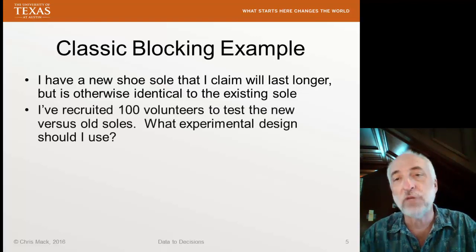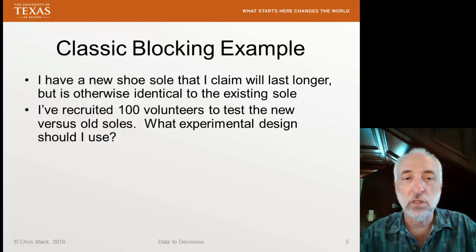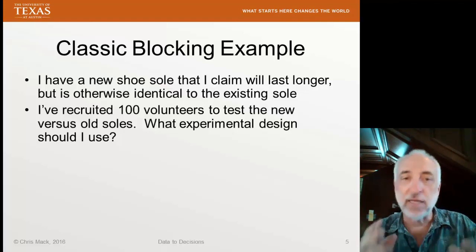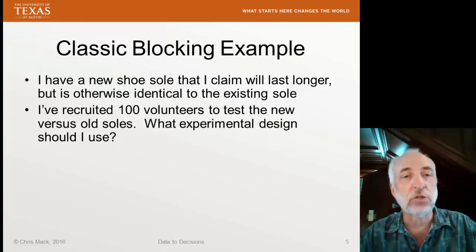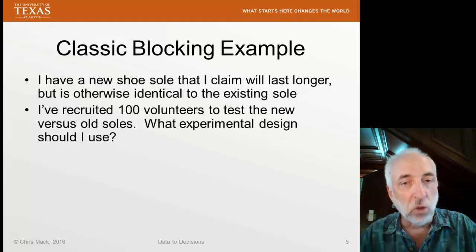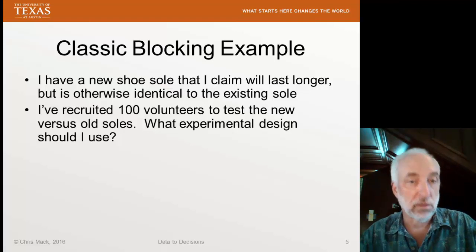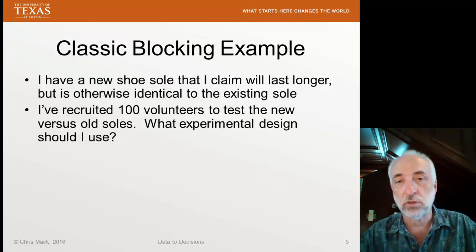So we've gathered 100 volunteers to test new versus old soles. They're going to go out and wear these shoes for 6 months. And at the end of that 6-month period, we're going to measure the new soles and the old soles and see if there's more or less wear in the new soles versus the old soles.